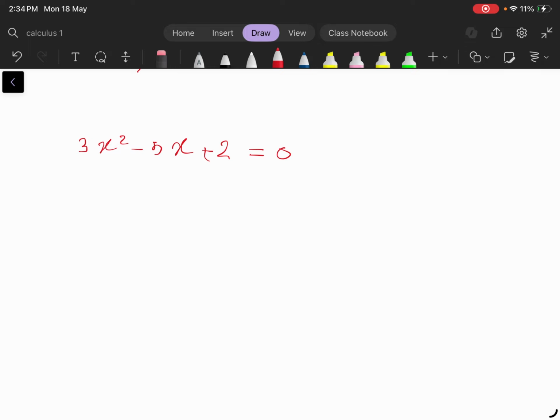You can find it here. I will multiply the leading coefficient by the constant term, so it will be x² minus 5x plus 6 equals 0. By the way, multiplying the leading coefficient by the constant term, then dividing by the leading coefficient, will not change the zeros, okay?